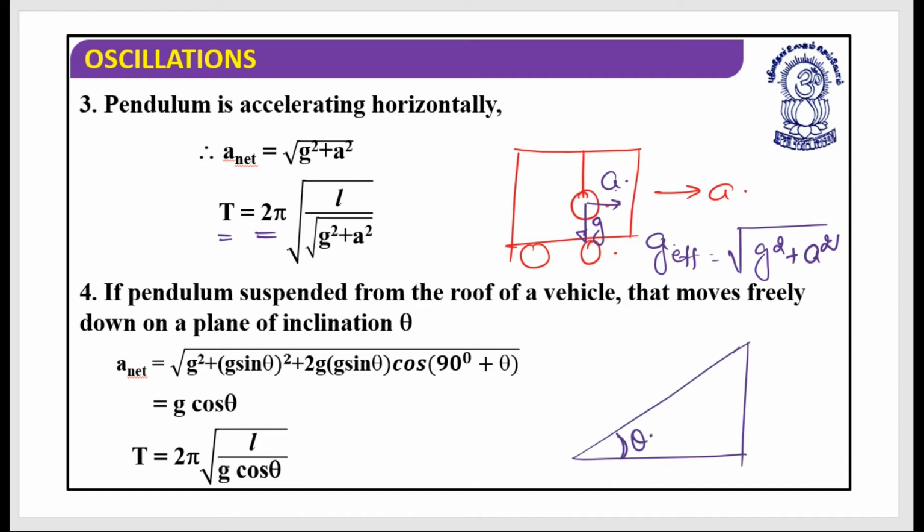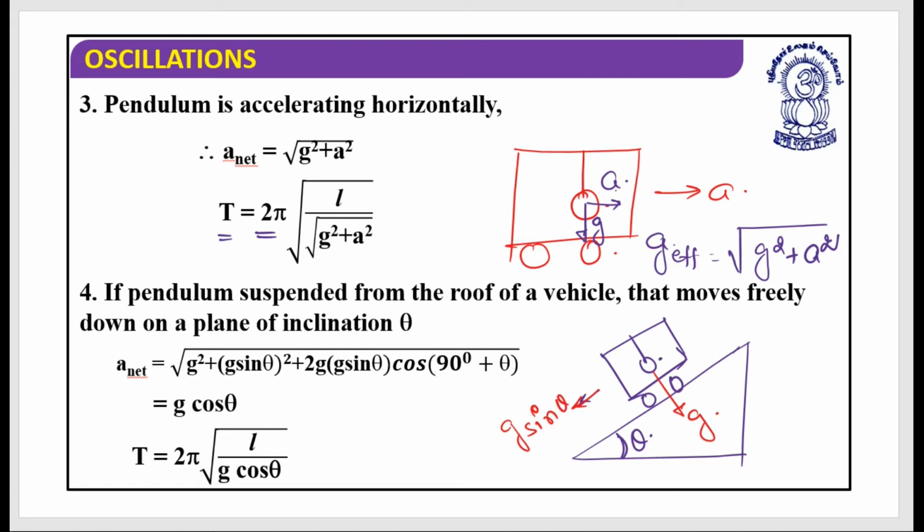This is the situation. This is theta, and let's say this is the pendulum, and this is moving in this direction. So in this situation, this is the g, and in this direction g sin theta will be there.